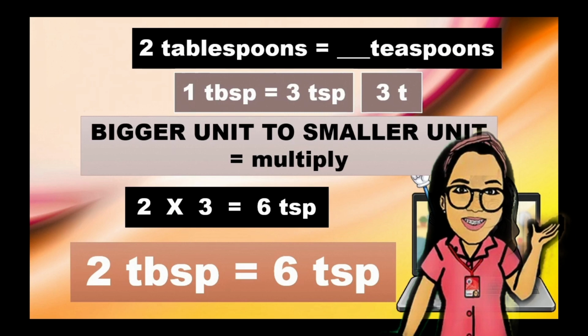So bigger unit to smaller unit, you are going to multiply the values. So 2 times 3 is equivalent to 6. So 2 tablespoons is equivalent to 6 teaspoons.